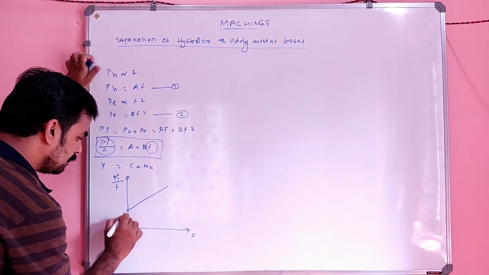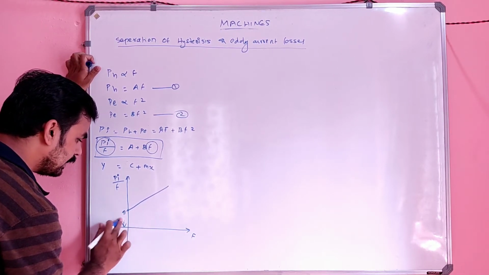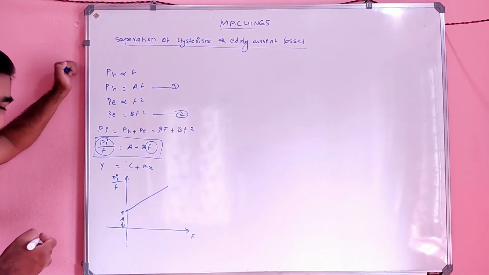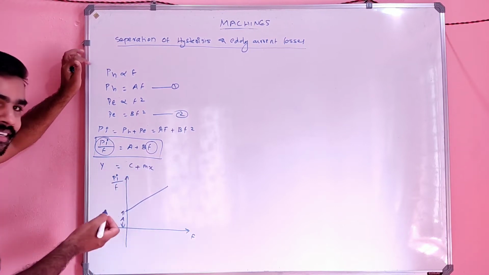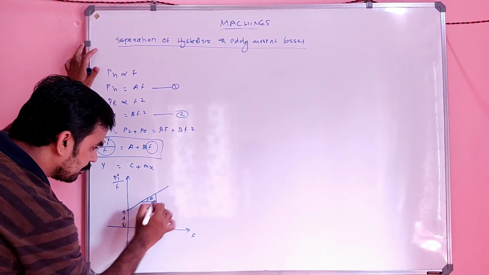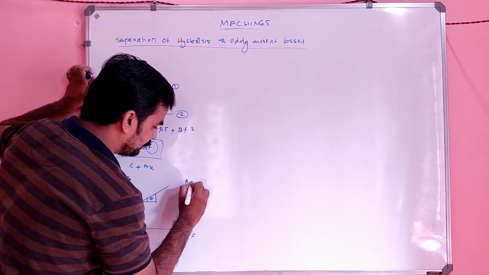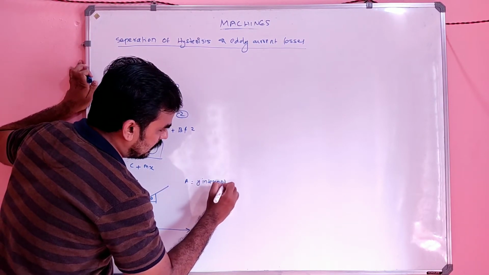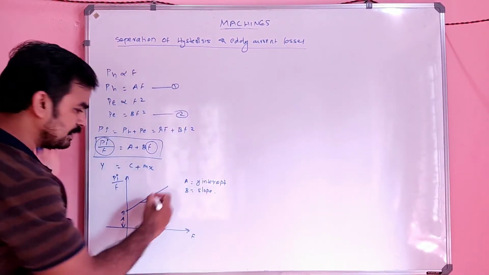This point is nothing but A, because A is nothing but the y-intercept. And B is nothing but the slope of this graph.